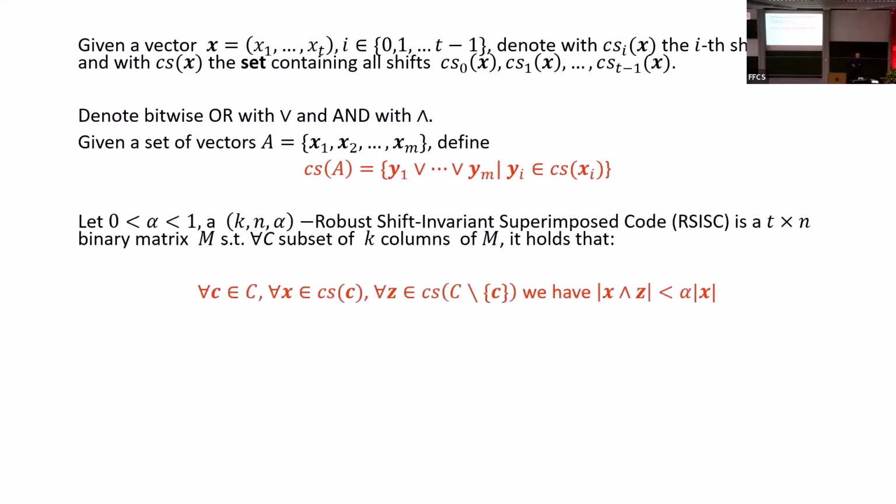Now what we require is this stronger property. For any protocol, for any cyclic shift of the protocol, so the station can start at an arbitrary time, for any pattern of the k-1 adversaries, the number of ones in common is not too much. It is at most some factor alpha of the number of ones in the shifted protocol.